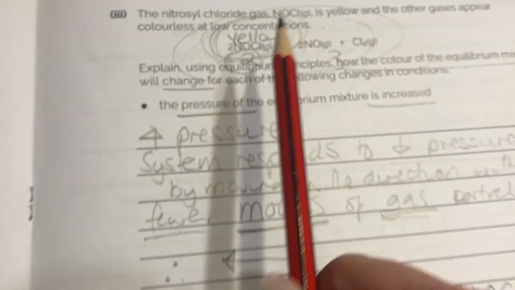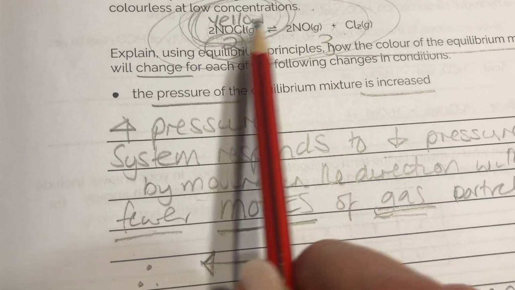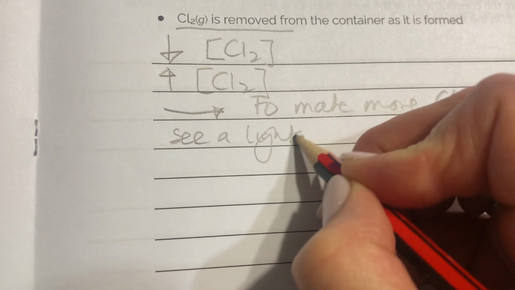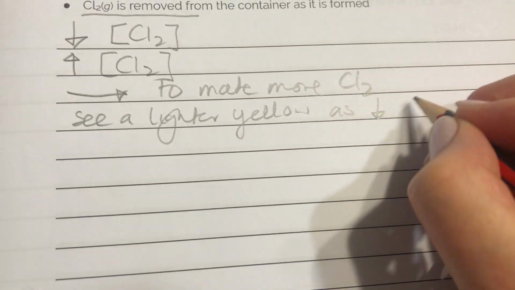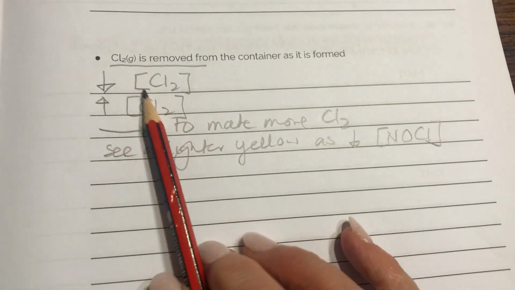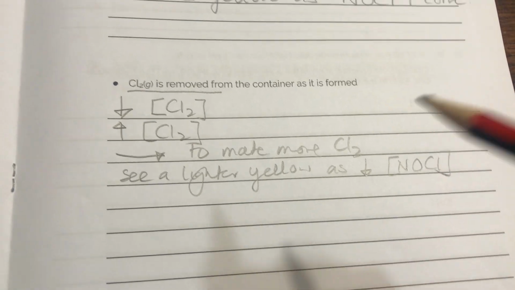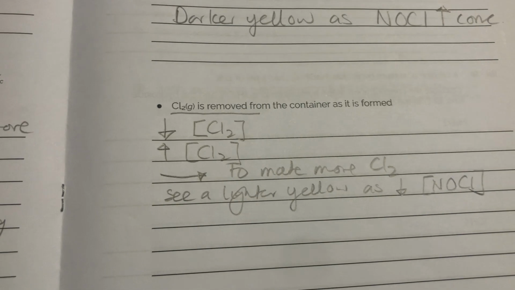And as we're moving to the right, that's going to decrease. We're moving away from the yellow. So we're going to see a lighter yellow, as we are decreasing the concentration of NOCl, right? It doesn't matter about the Cl2. If we want to say what we're going to observe, we must only talk about the coloured substance. Okay.